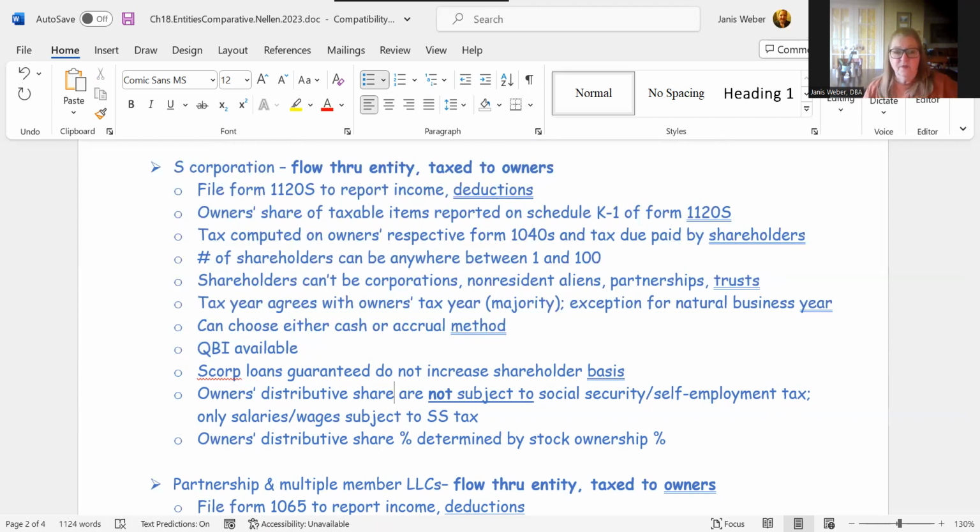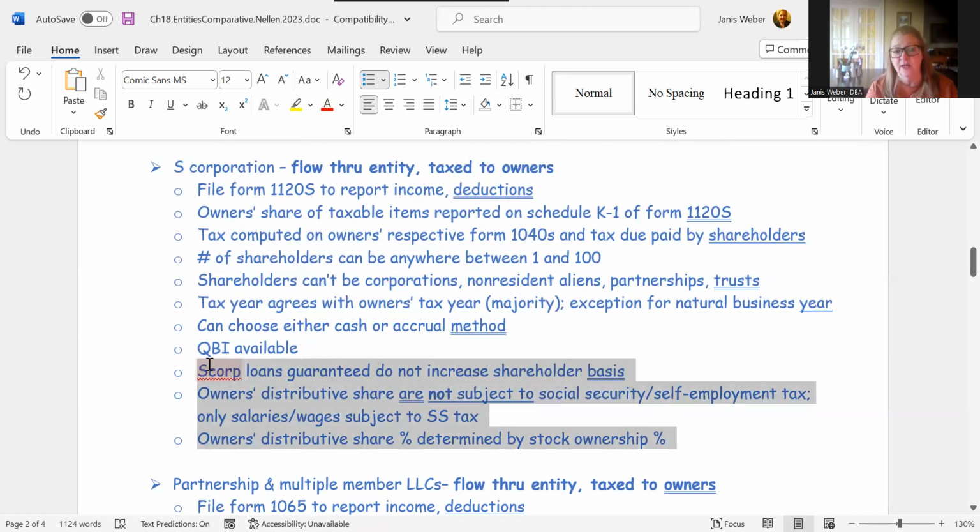And then the other thing is the owner's distributive share percentage is determined by their stock ownership percentage, meaning it can't be different. The profit and loss percentage won't be different from the ownership percentage. So these three last things are the things that are different about partnerships and S corps. They do not agree with partnerships. Partnerships are exactly the opposite of these three things.